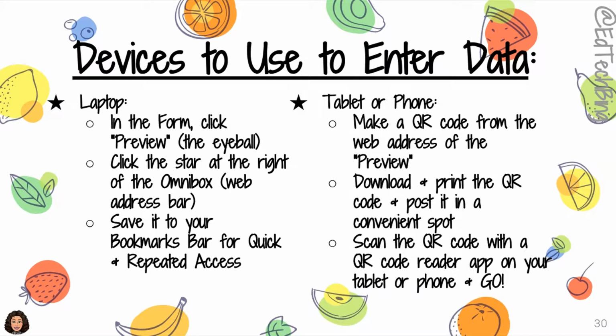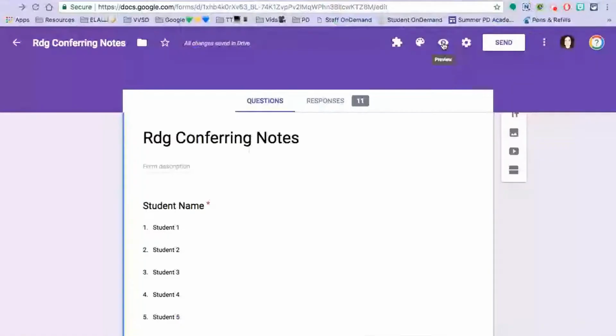Once you have ensured your form is functioning properly and has all the data that you would like to include, you can start to think about the devices that you would like to use to enter the data. In order to quickly access the form and enter the data using your laptop, let's set up a bookmark. Back in the form, select Preview.